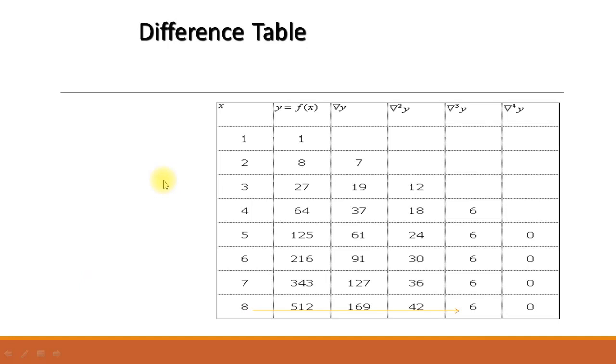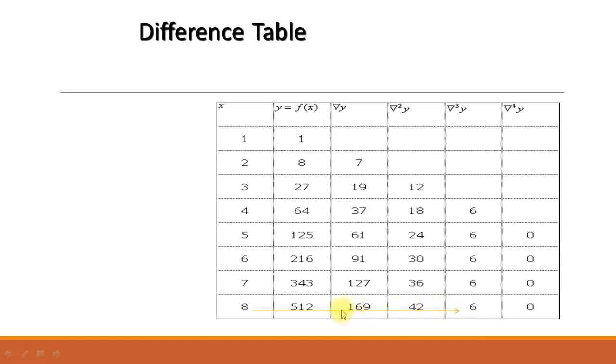Now come back to the table. Since the position of x naught from the end is the first position, take the value of y from the end at this first position. So take the value of del at the first position from the end of the table, and the value of del cube at the end of the table at this first position.